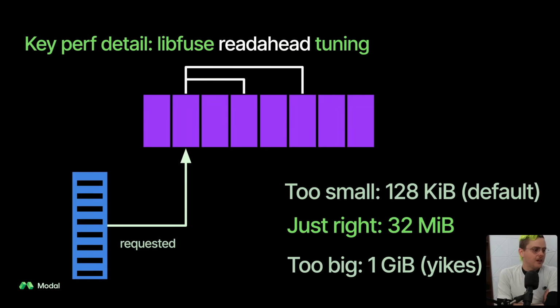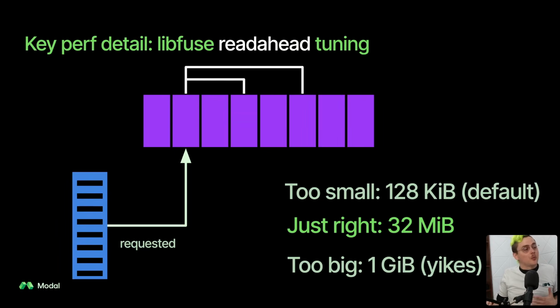One key performance detail is that there were a lot of pieces required to get this to run performantly. One key detail was that we needed to tune the read ahead in libfuse, which is when you request a particular page, the kernel can go ahead and also issue requests for future pages to store in the page cache. The default behavior left some performance on the table and didn't allow us to hit the peak throughput.